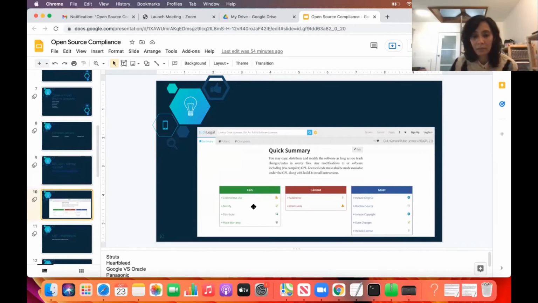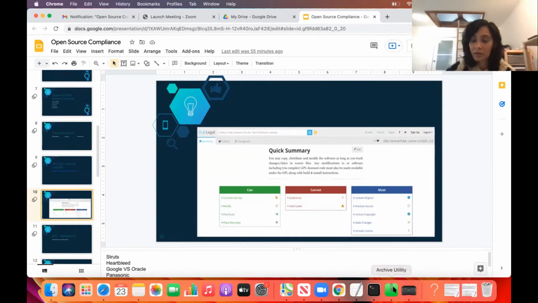So if you're using some open source software and you don't understand the license, right? You can go to TLDR Legal and put the license name in there, and you will find some really useful color commentary about what you can, cannot, and must do, right?